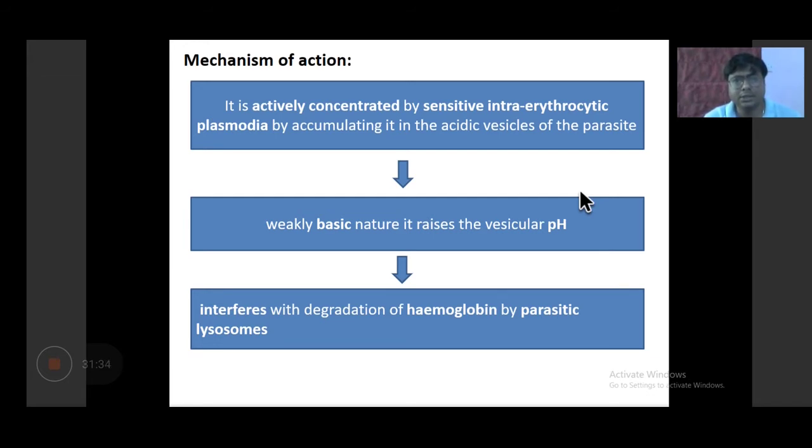Concentration of chloroquine increases in those cells. Now, because chloroquine is weakly basic in nature, it will increase the vesicular pH. So there is a disturbance in the pH inside the parasite vesicle, which leads to interference with the degradation of hemoglobin by parasitic lysosome. So now this degradation of hemoglobin will not happen.